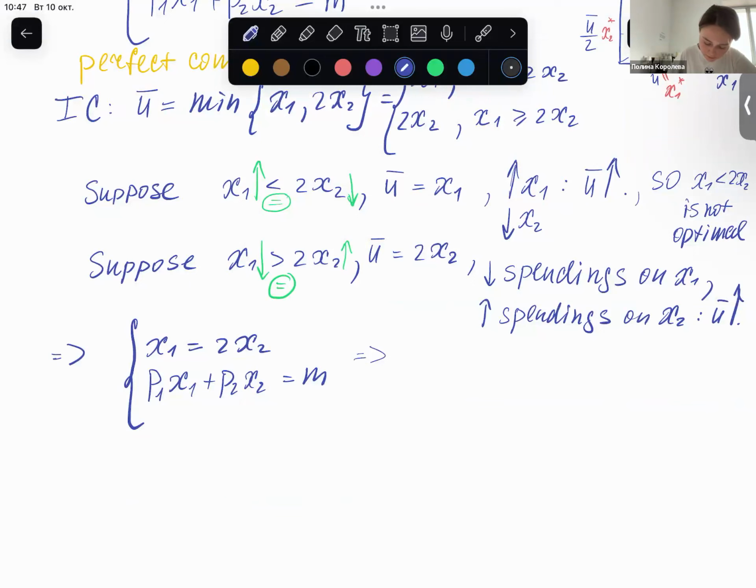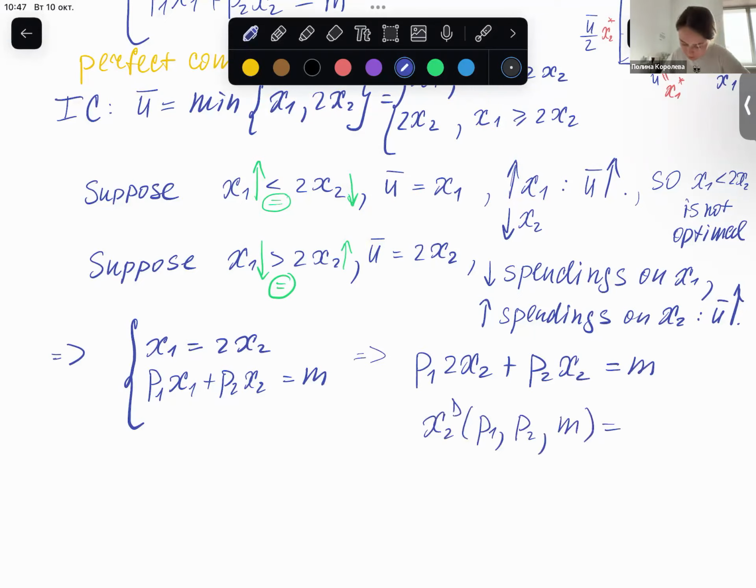So put the first row into the second row, and from here we will find the demand for x2 as a function of prices and monetary income. This will be equal to M over 2P1 plus P2.